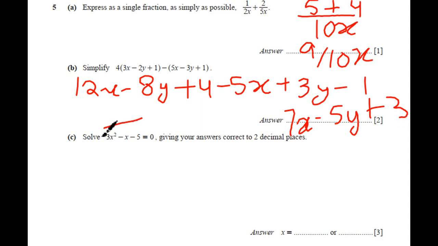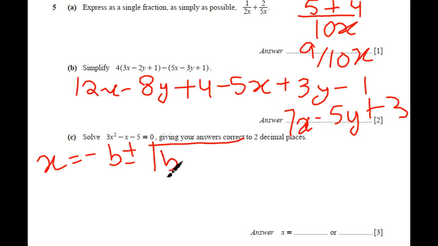Next, solve this quadratic equation, give your answer correct to 2 decimal places. So we use the quadratic formula. A is 3, B is minus 1, C is minus 5. Alright, so the formula is x equals minus b plus minus under root b square minus 4ac, whole divided by 2a.